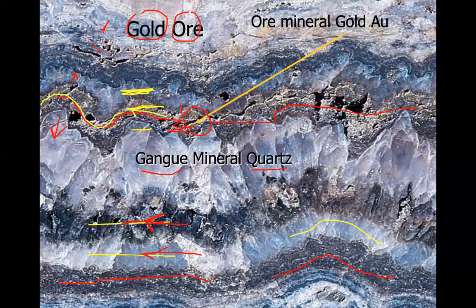And if, after folding, like here, for example, here this is a fold axis, right? Either side of this you have the fold, and this line we can call fold axis.